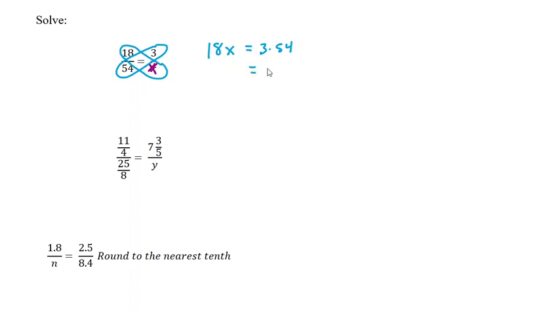So this is 18x equals 162, and then I'm going to divide by 18, and x equals 9. As long as you're using a calculator, and that's fine, it's fine to use a calculator in this situation. That would be how I would do it.